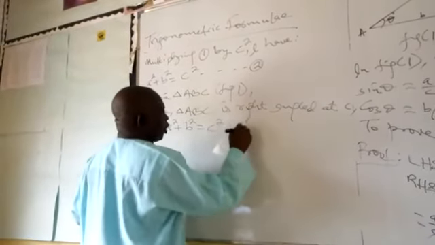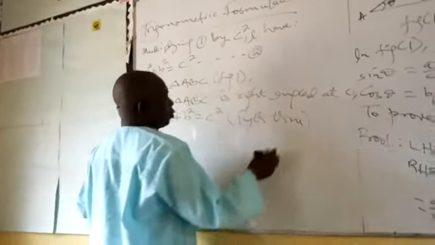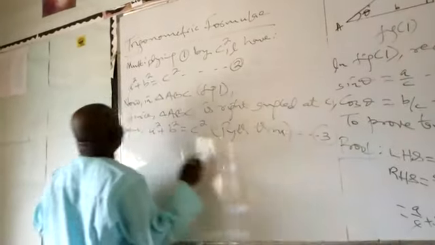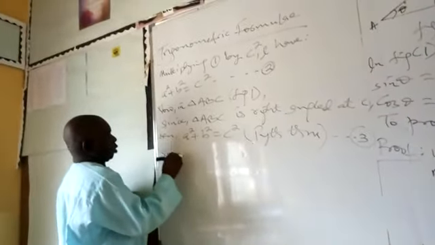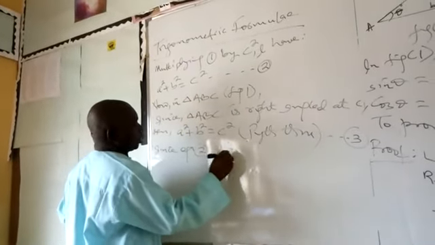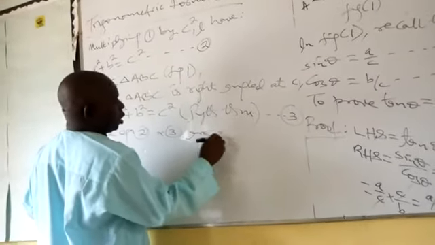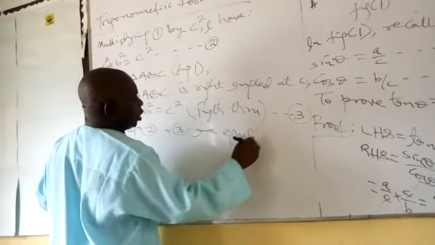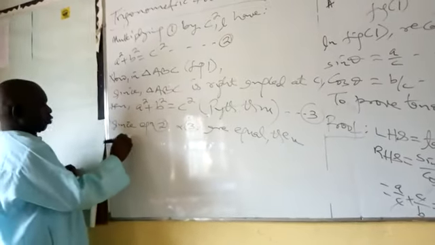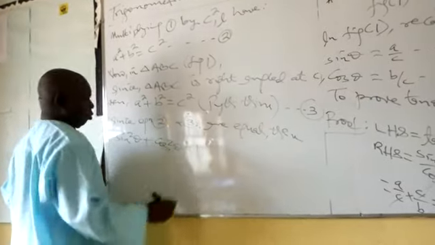Why? Pythagoras theorem. So this is equation 3. So since equations 2 and 3 are the same, then we can say that sine square theta plus cos square theta is equal to 1. Proved.